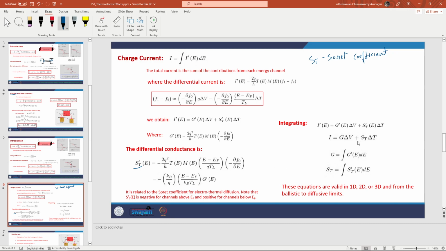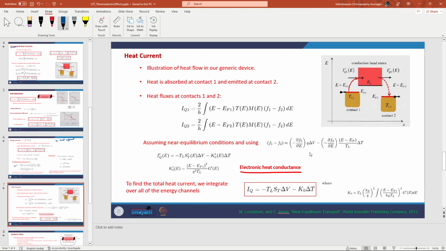So ultimately, we write the total current as G times delta V, which is simply known as the conductance, and this is the Seebeck coefficient, S_T times delta T. So this is the charge current in the presence of thermoelectric effects. Now the heat current can again be derived similarly.